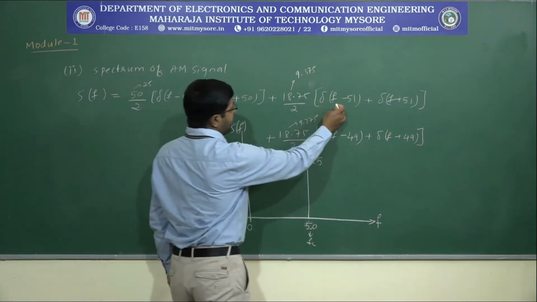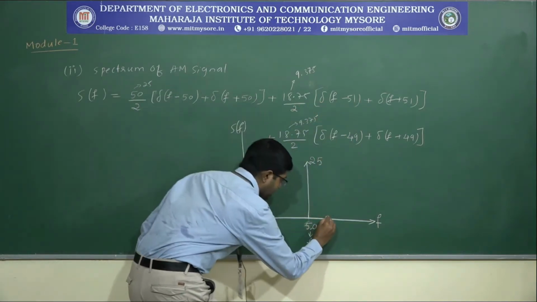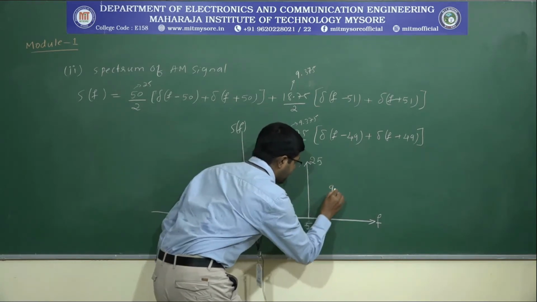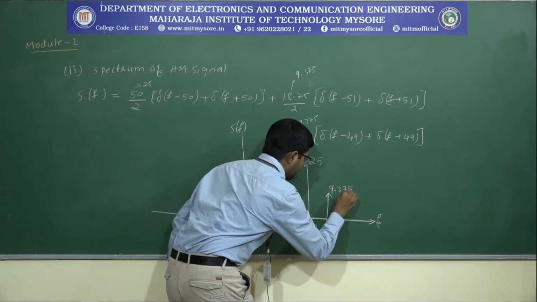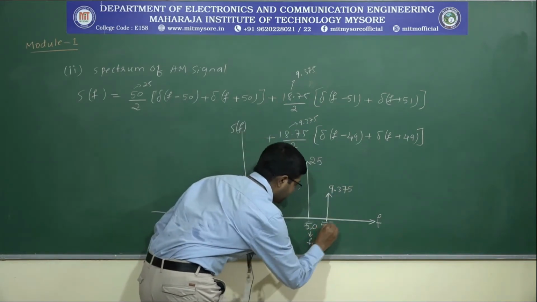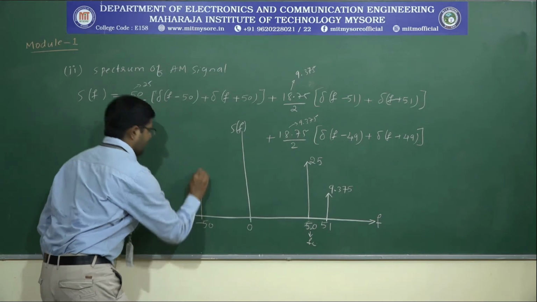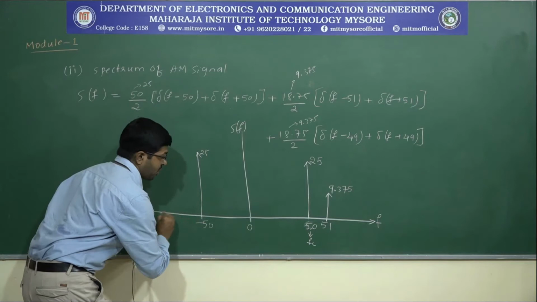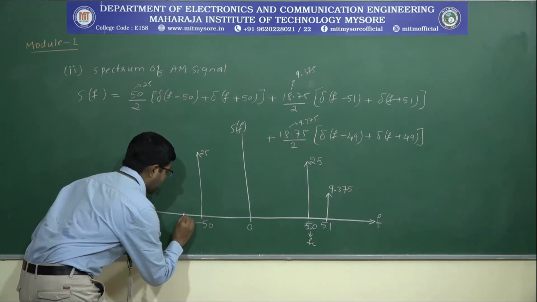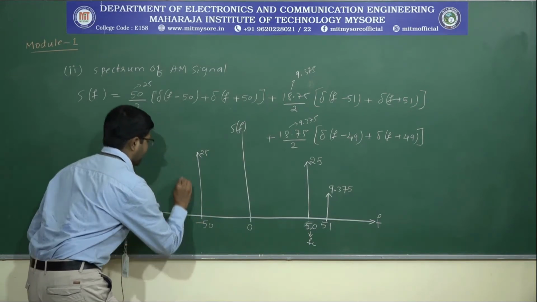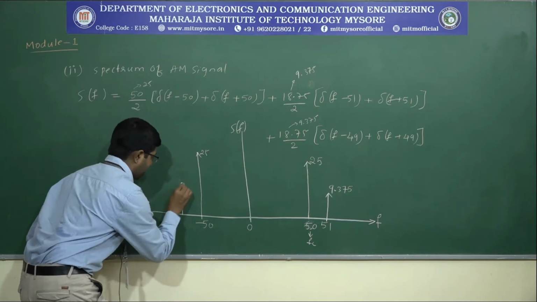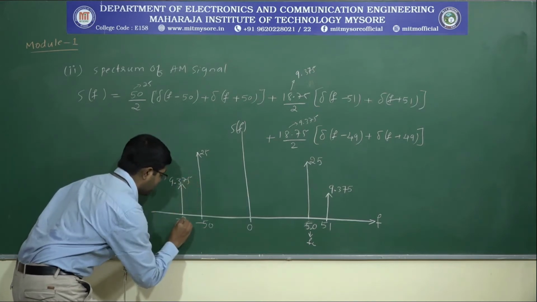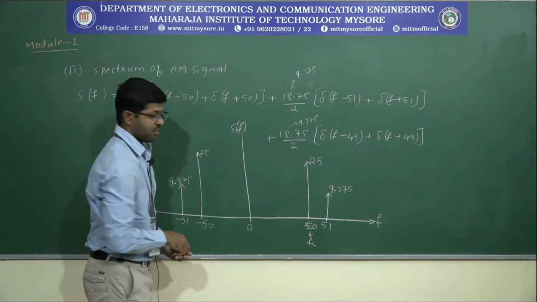When it comes to the USB, it is at 51, approximately here, and the magnitude is 9.375 at 51. Again, this is 25 for the negative f axis, and this is minus 51 with the same magnitude, 9.375.